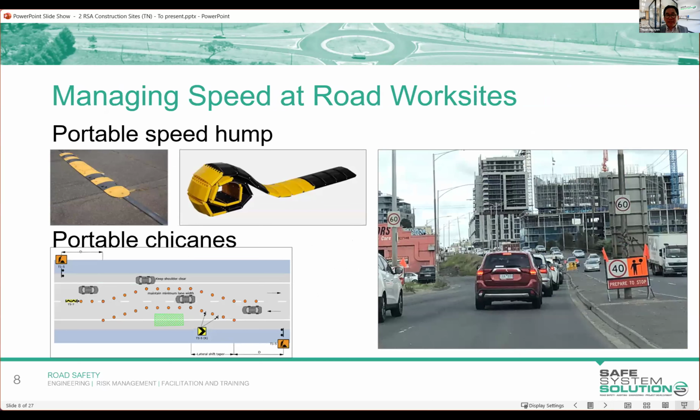And look, managing speed at road work sites is important because, as we know, the severity of the injury outcome, in case of a crash, if people don't slow down, is certainly very high. The photo there I took last year.